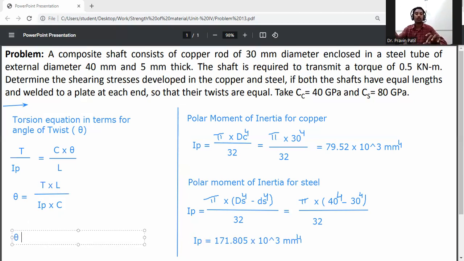This value is to be obtained in radians. Okay, write down it is in radians. So TC into LC, the length of copper is equal to the length of steel because of composite, divided by IP into CC, the polar moment of inertia for copper into CC, the modulus of rigidity of copper. Put all these values here.